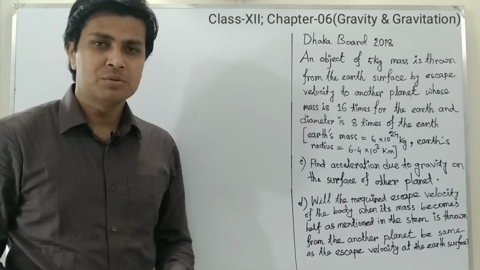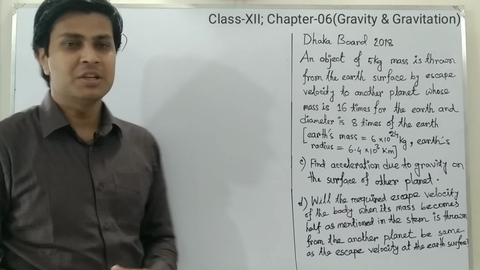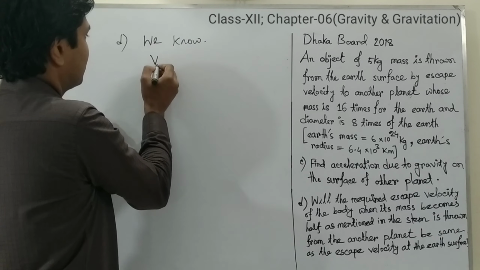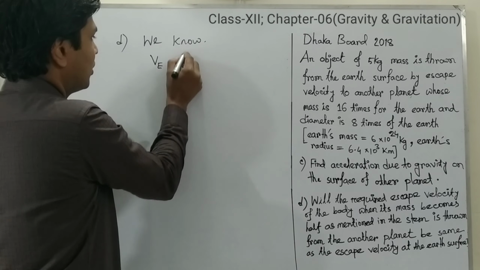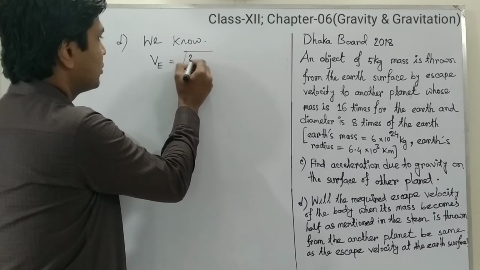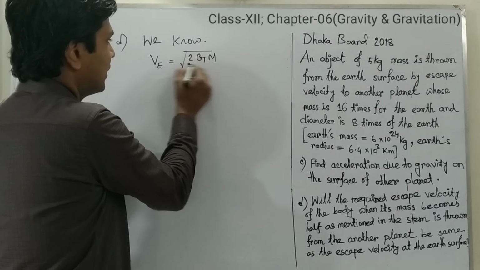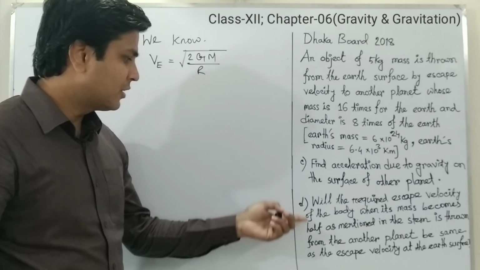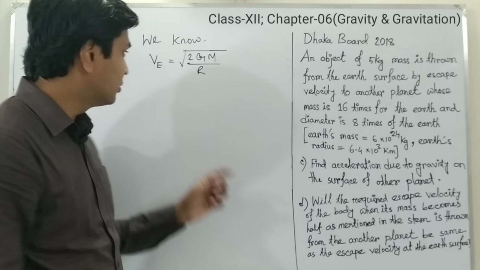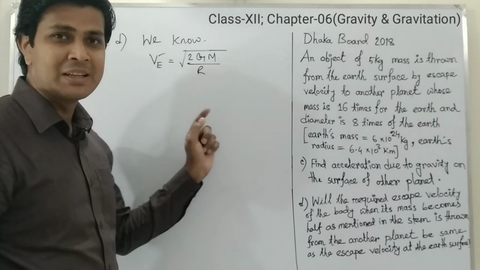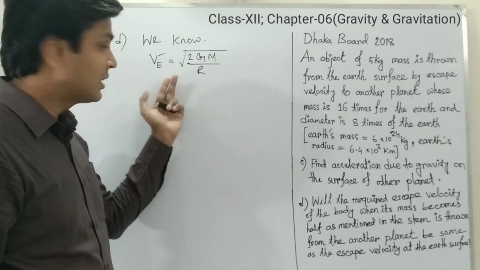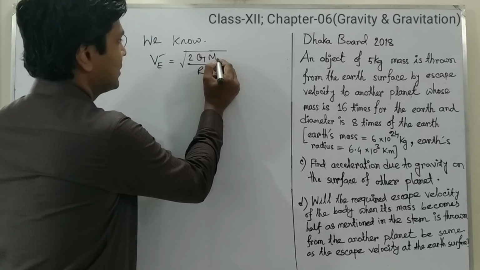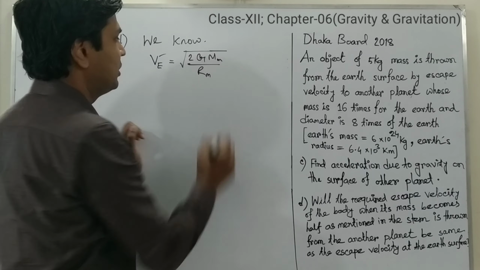We know the formula to calculate the escape velocity is VE equals root over 2GM divided by r. We calculate the escape velocity from the other planet. So here the escape velocity from the other planet we consider as VE prime, and the mass will be Mm, the radius will be Rm.